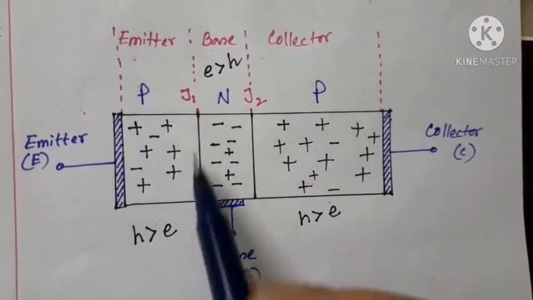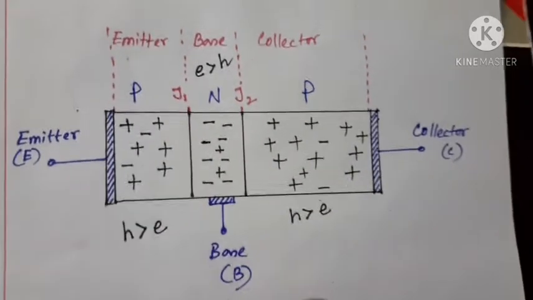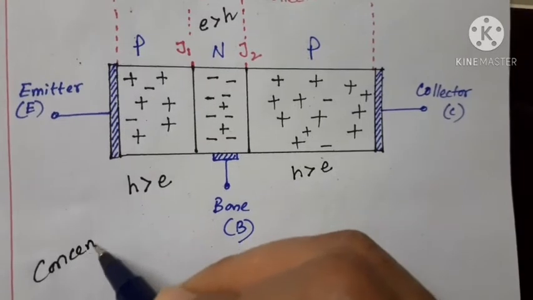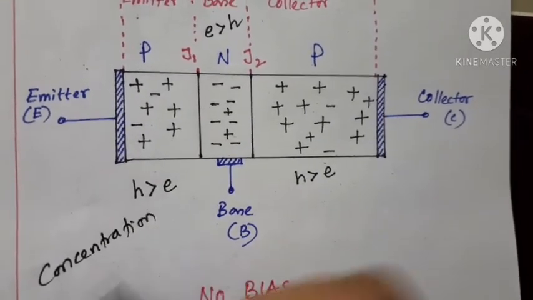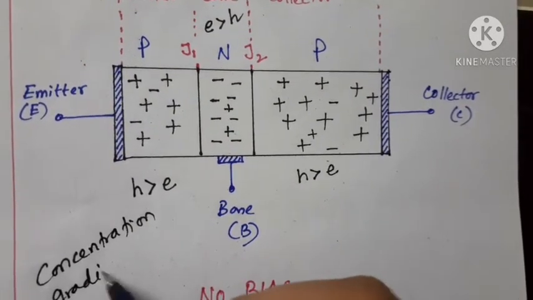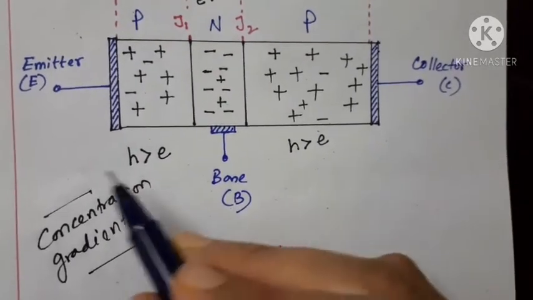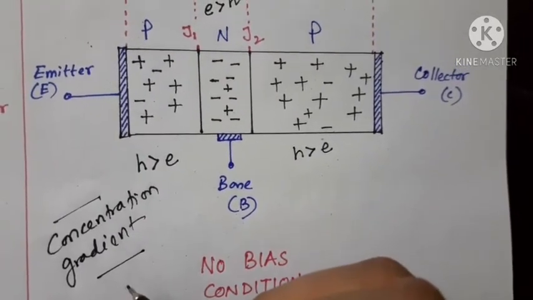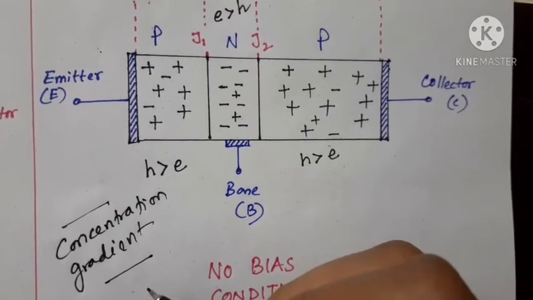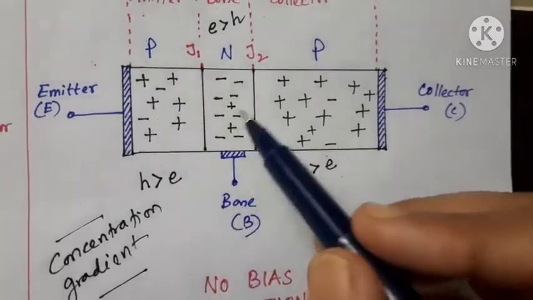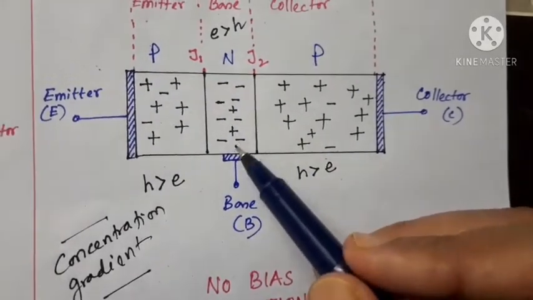Now due to the concentration gradient, as you know, there is a very important term which we call concentration gradient. What is it? It is actually the difference of concentration. That is, the number of holes here is quite large and here the number of holes is quite small.